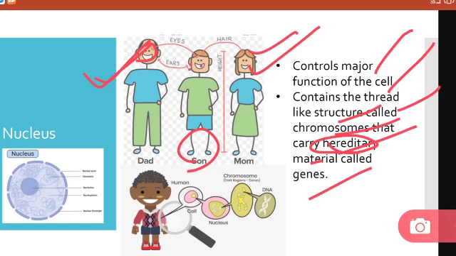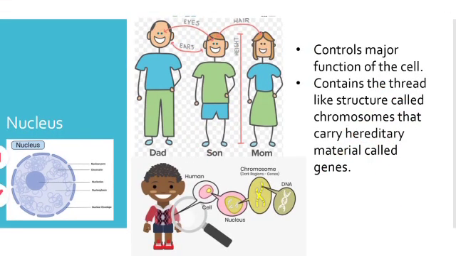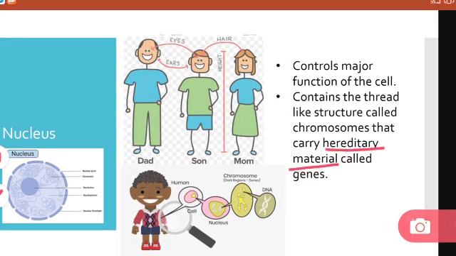Ears of the child are same as that of his father. How is it possible? It is possible because the nucleus carry chromatin fiber that moves from father to the child and from mother to the child. So this is named as hereditary material, that is genes.